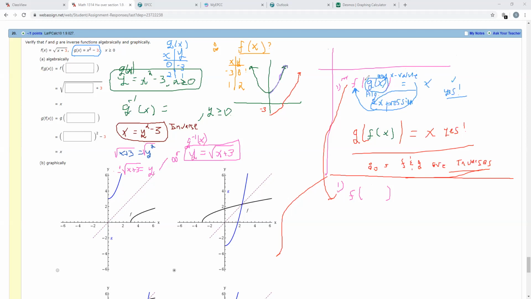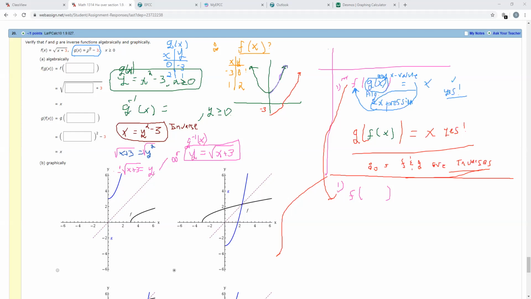So what are we going to put inside of g? Not a numeric number for x, but just any x. If you put x into g, instead of x right here, you just put the x.